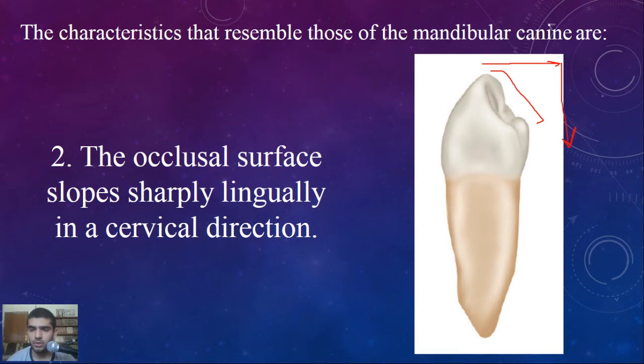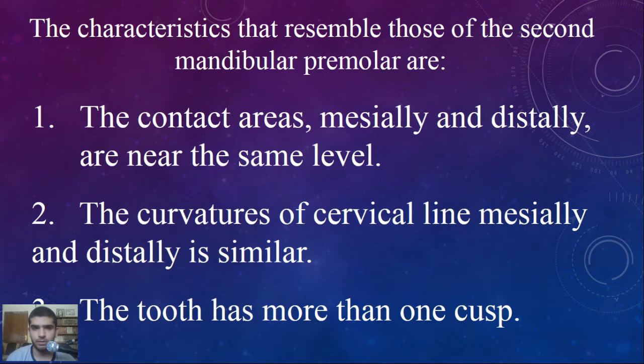So the occlusal surface is sloping just like this. The crown has a shape when viewed from mesial or distal aspect, just like this. So the occlusal surface slopes lingually in cervical direction.